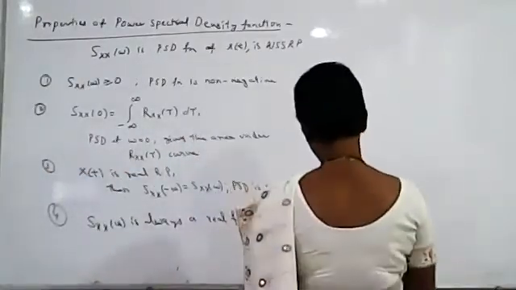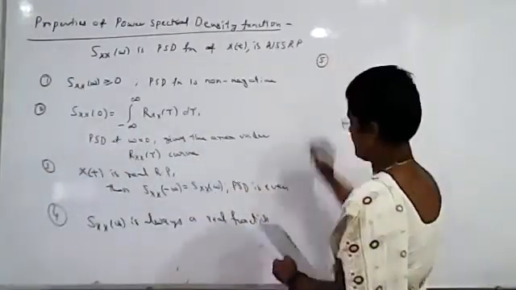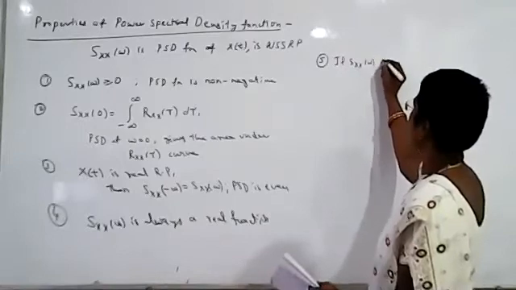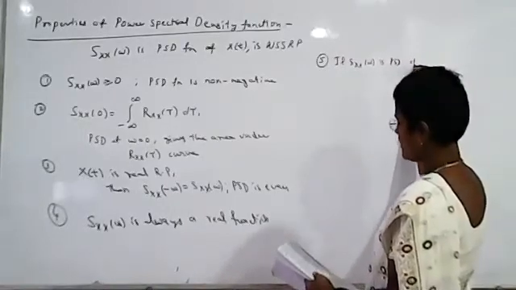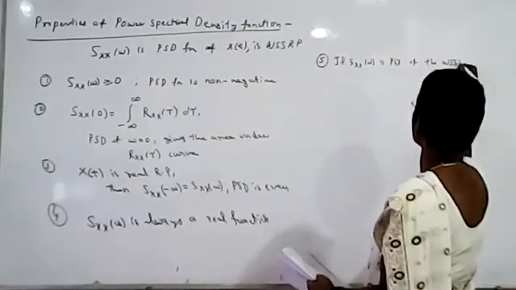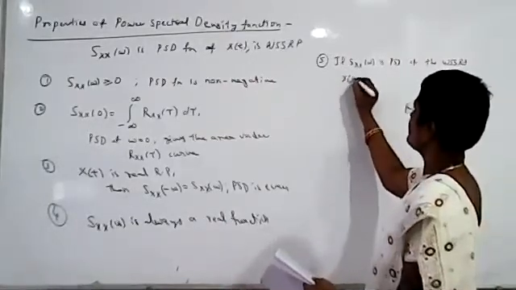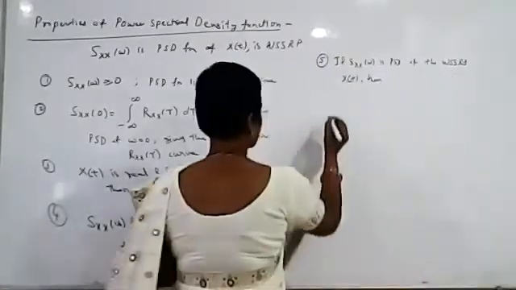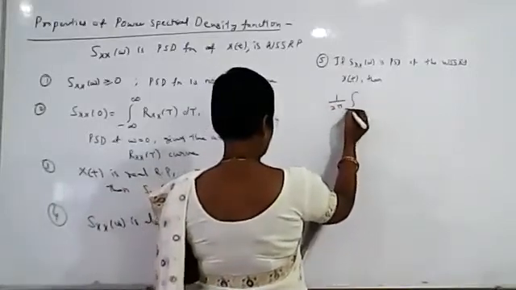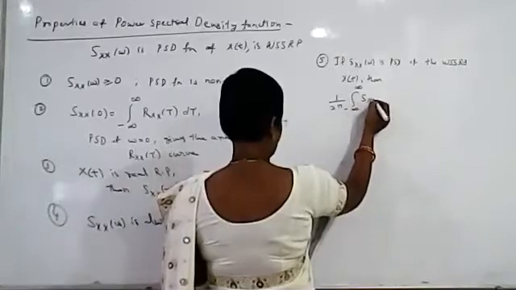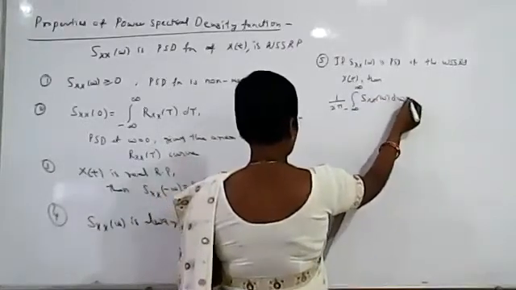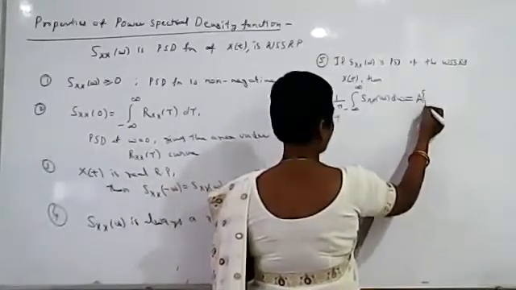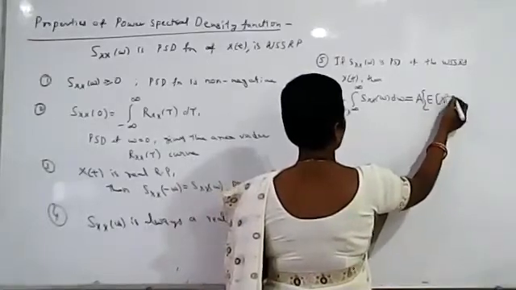Then the fifth property is that if Sxx of omega is the power spectral density function of a wide-sense stationary random process x of t, then 1 by 2 pi integral from minus infinity to plus infinity of Sxx of omega d omega is equal to the time average of the expected value of x square of t.